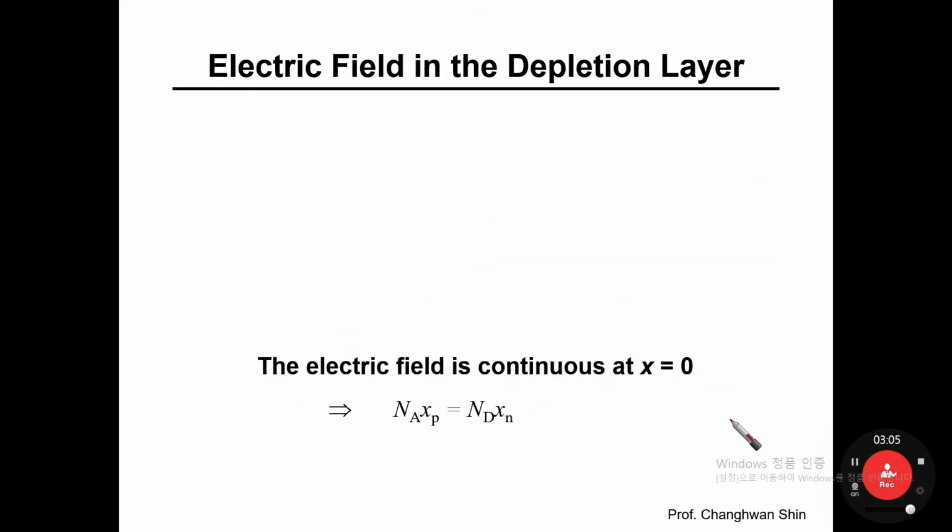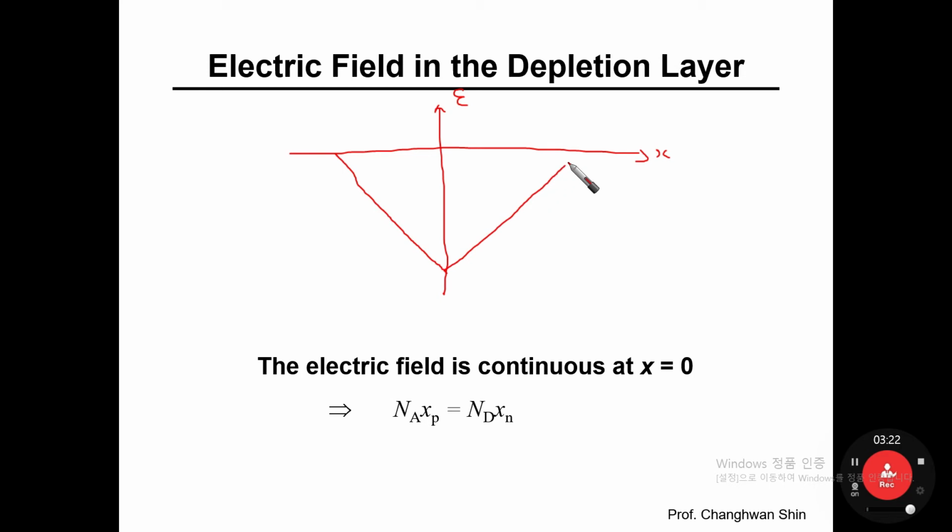All right. Then in the next lecture note, the thing that I would like to tell you is this. If I draw the electric field versus x, we're going to expect these two curves, xn here, minus xp, 0.